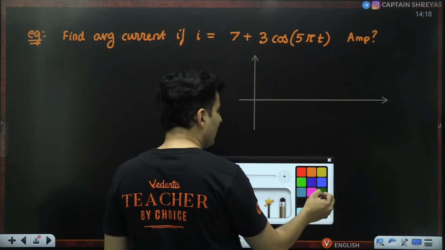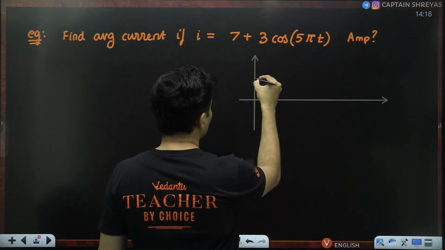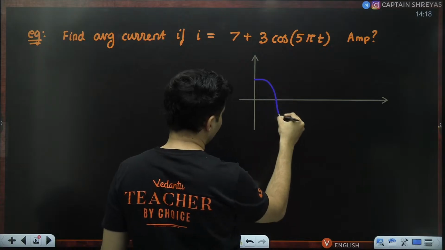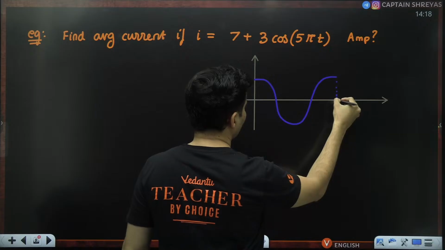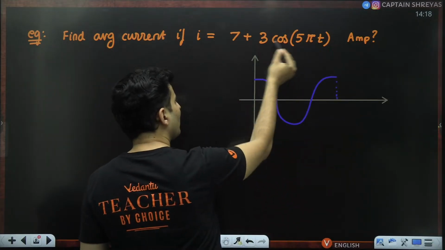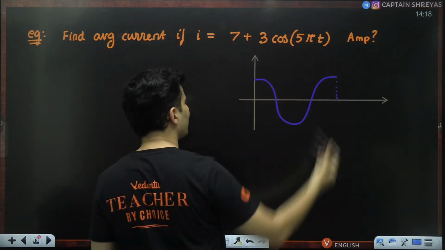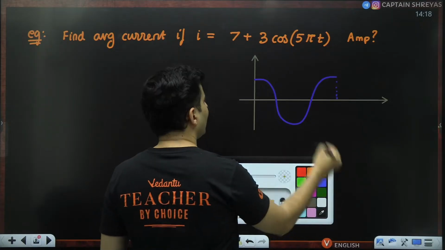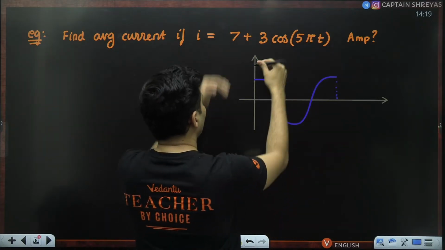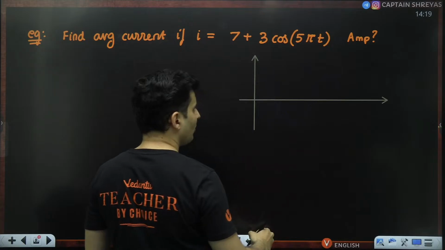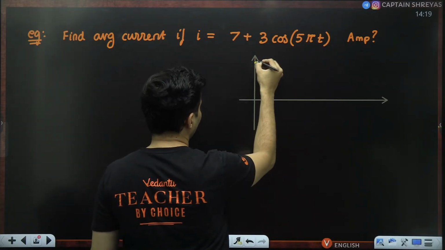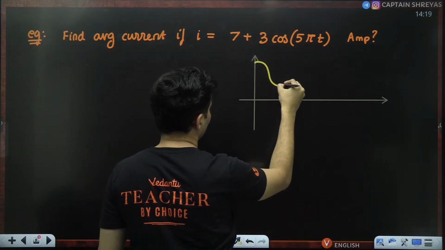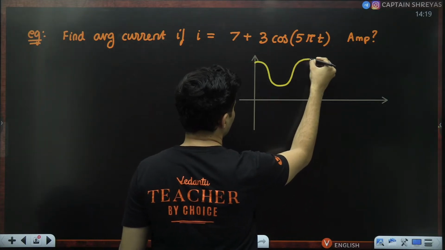A typical cos graph should have been like this in one time period. But there is a problem. There is 7 plus that cos function. That means this entire thing will be shifted up by 7 units. So it will go like this.